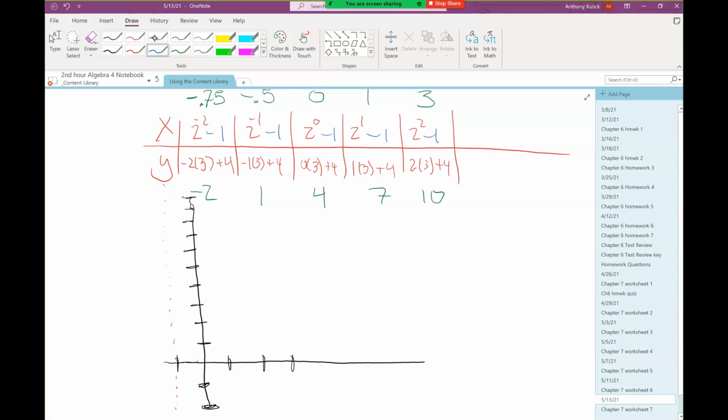And then we'll start graphing. I have negative 0.75 and negative 2, so down here. Negative a half and 1. 0 and 4. 1 and 7. And then 3 and 10.